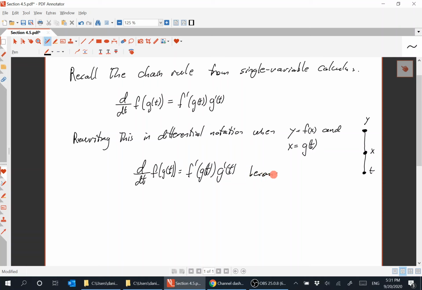Here we have the function y equals f of x. So dy dt is equal to, well, y is f of x, so that's f prime of x, and the g of t is x. So that's dy dx. And this, g prime of t, is dx dt.